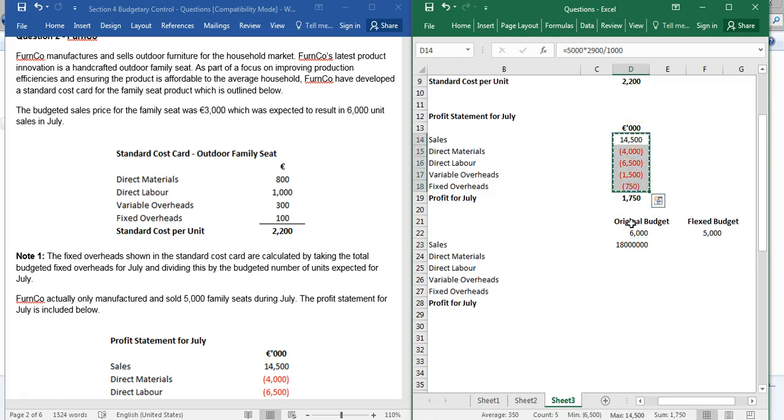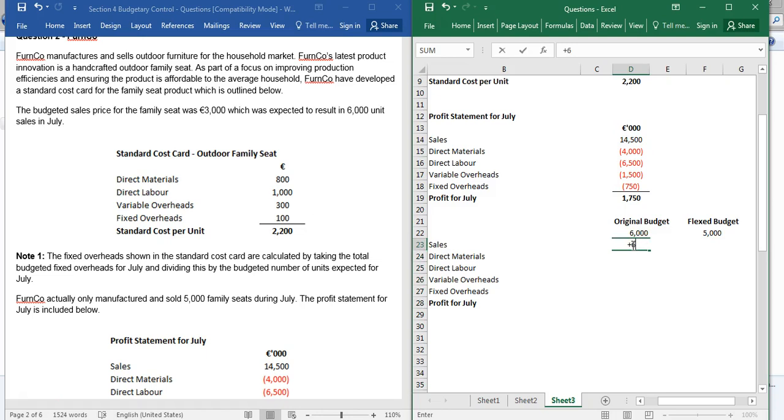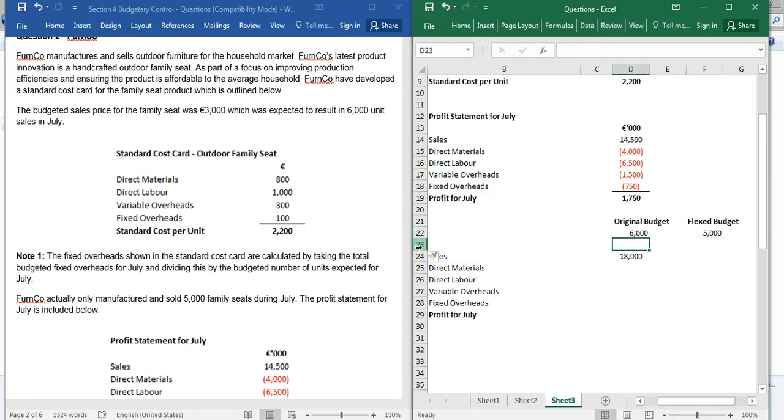I'll just copy the format, so 6 times 3,000. I'm just leaving it in thousands, just to make sure you're clear. I'm just going to do euro, thousands. So it's easier if we can compare, because otherwise it gets very cumbersome in the cells.